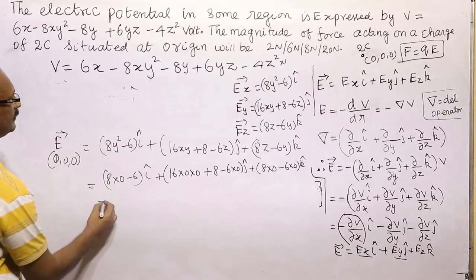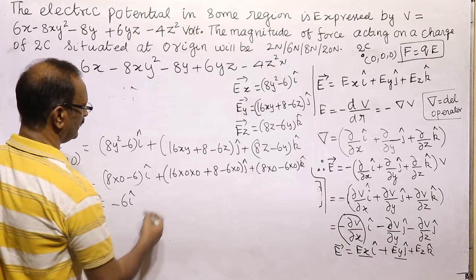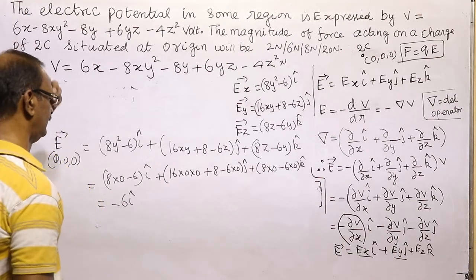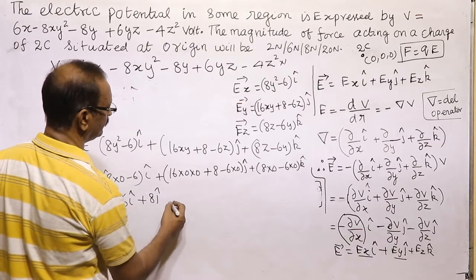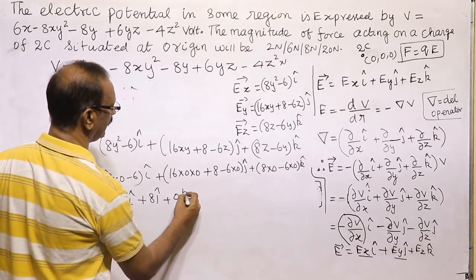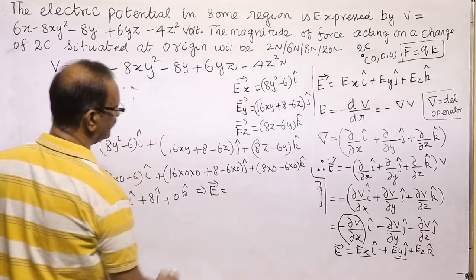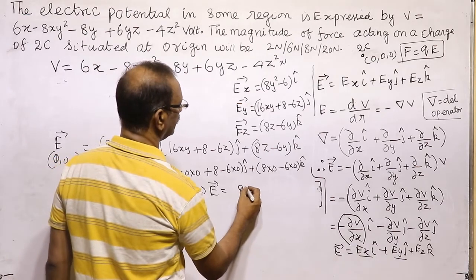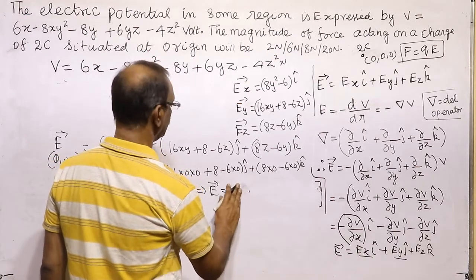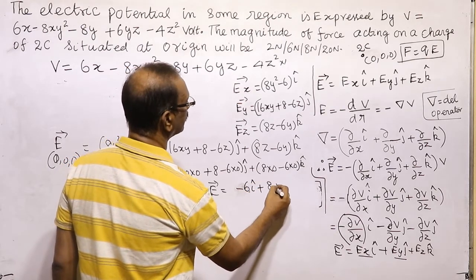Therefore, this becomes minus 6i cap plus 8j cap plus 0 k cap. So the net electric field in 3 dimensions in vector form is minus 6i cap plus 8j cap.